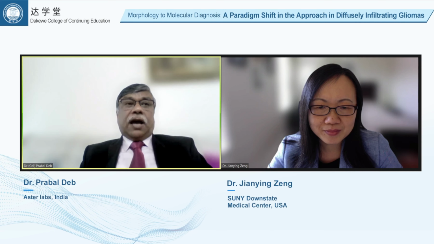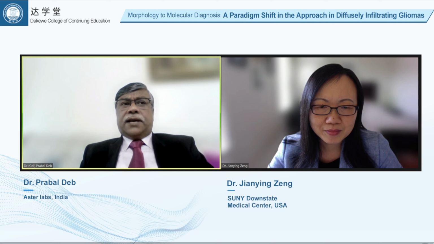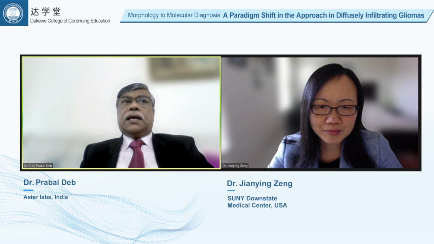Even with an IDH antibody, that can flag that it is a wild type, so some more work needs to be done. But again, centers are few, people to interpret are very few, there's a long turnaround time, and it's very expensive to do. So many people shy away. That's a practical problem we encounter.